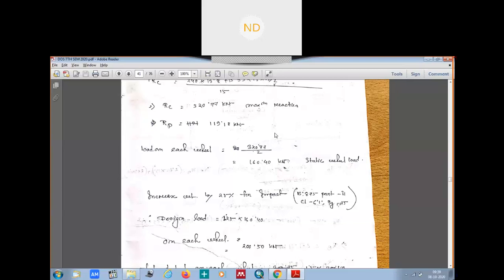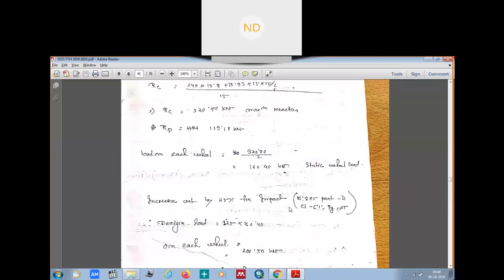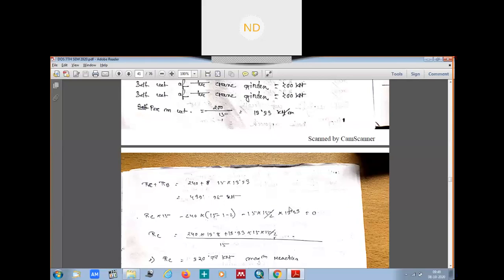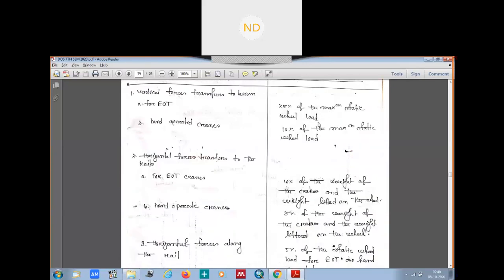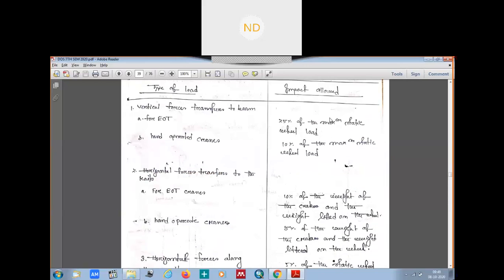Now that we have the static load, we will increase this load by 25% for impact. This 25% we have considered because the crane is electronically operated and not manually or hand operated. So 25% impact is allowed according to IS code.